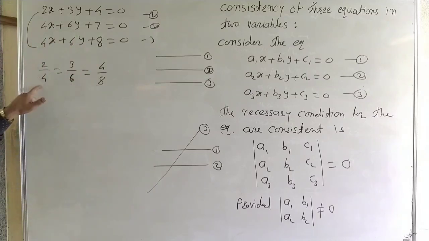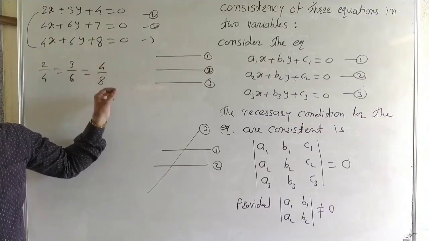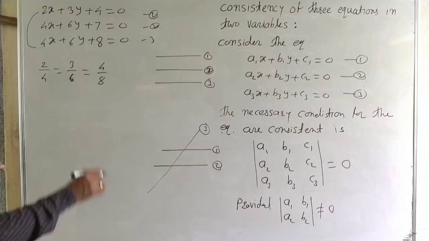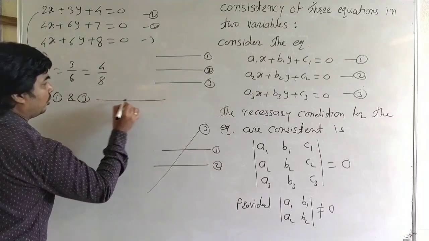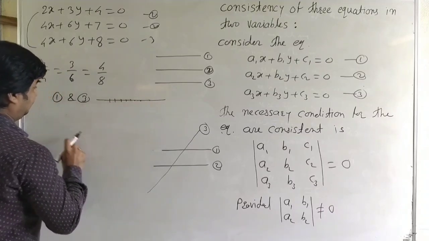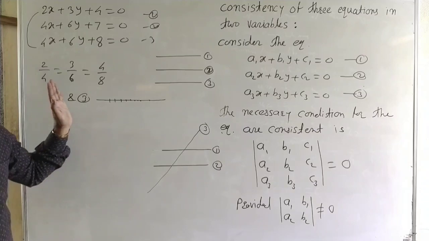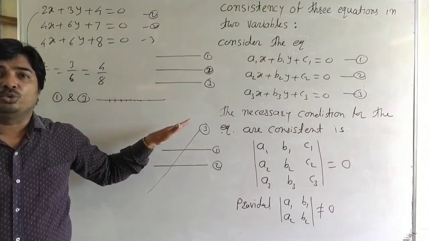The ratios are all the same. That means the lines are coincident. That means lines 1 and 3 are coincident, so they have infinitely many solutions. That means the lines are consistent but with infinitely many solutions.